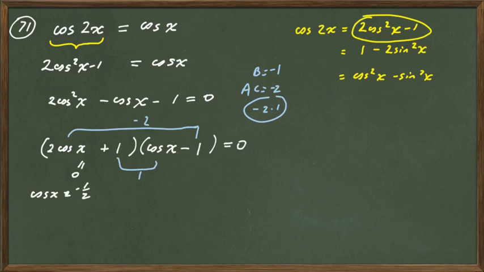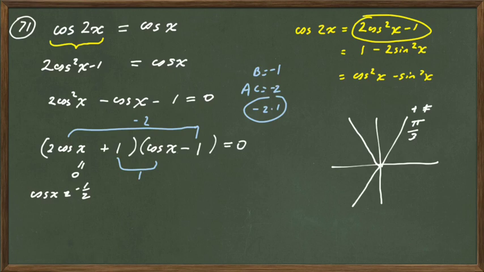And where does that occur at? Cosine is 1/2 at pi over 3. But I don't want pi over 3 because everything's positive in that quadrant. I want the cosine or the x to be negative. 2 pi over 3 and 4 pi over 3.